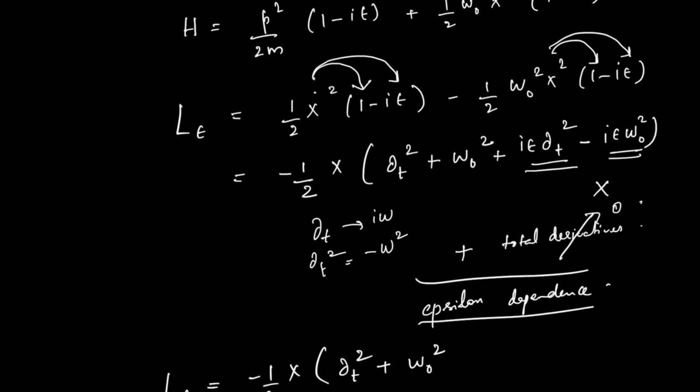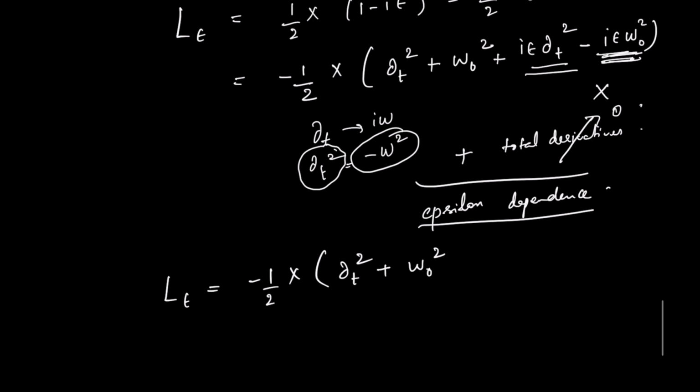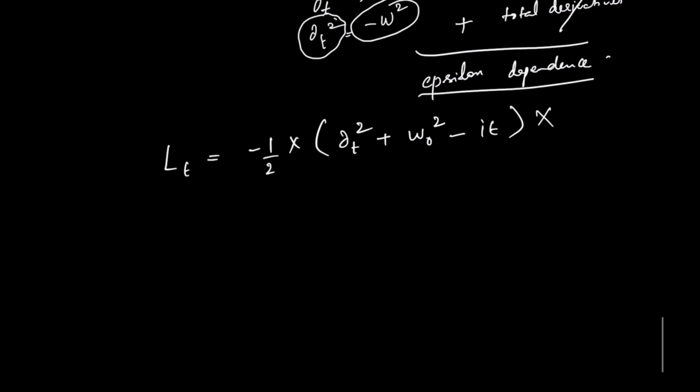So partial derivative with respect to t square will give you minus omega square. And in the last term you have i epsilon omega naught square. Epsilon is very small, so whatever you multiply it with, you will again get i epsilon. So here you can just write i epsilon, and this x will be here as it is. Total derivative has also vanished, so this is the final Lagrangian that you have.